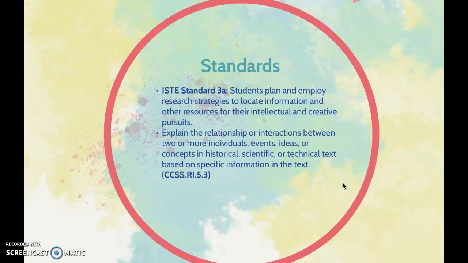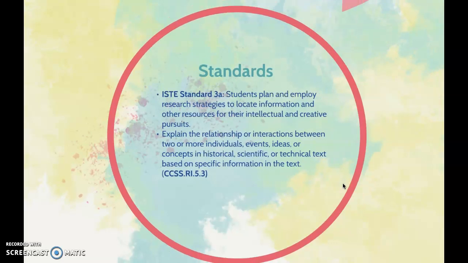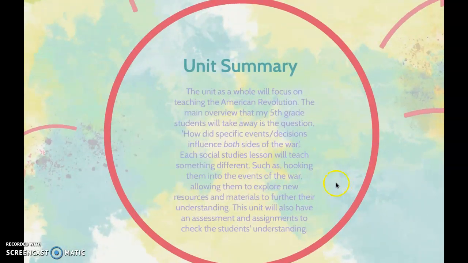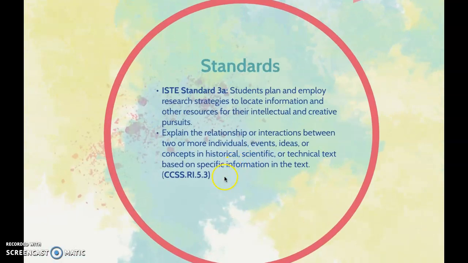I chose this because, going back to my target question on how did specific events and decisions influence both sides, I think this standard targets how I want my students to explain the interactions between two or more individuals or events, like I'm talking about in history. So I think this one really helps lay out what my unit plan target is.